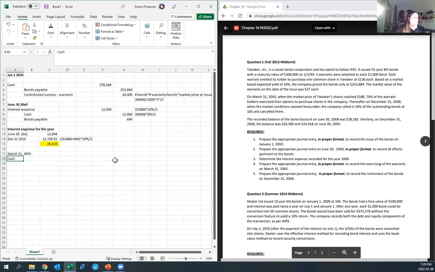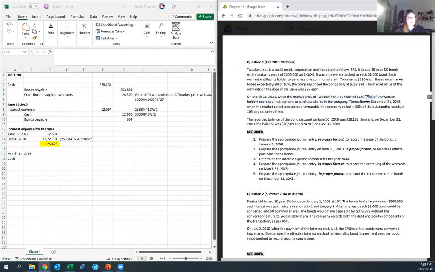So for the cash amount, how you're going to calculate it? You're going to find the number of warrants. The number of bonds times the number of warrants per bond times 70%, because only 70% of the warrants were exercised, and times the strike price.